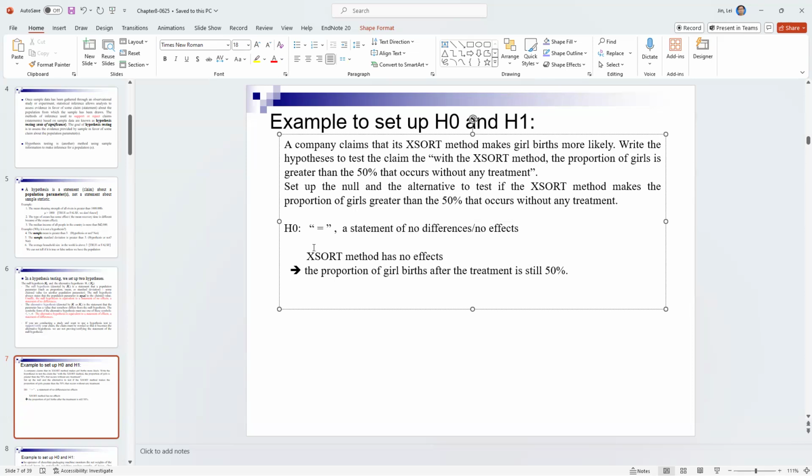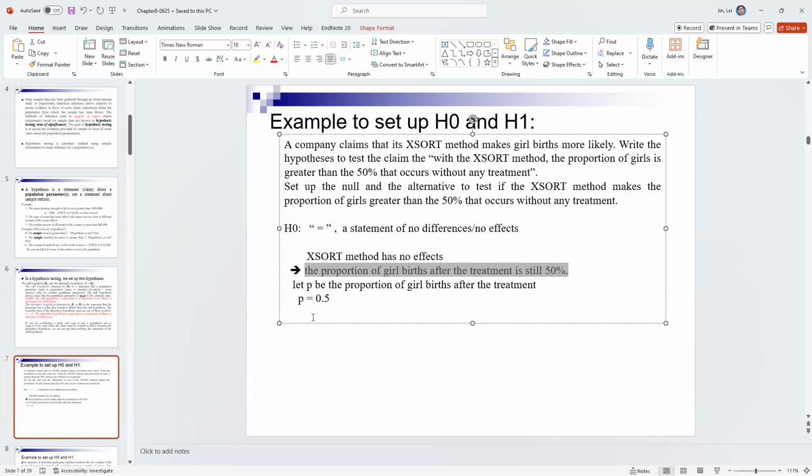Next, if we would like to use mathematical symbols to denote this, let P be the proportion of girl births after the treatment. So can we rewrite those statements this way? P equals 0.5.